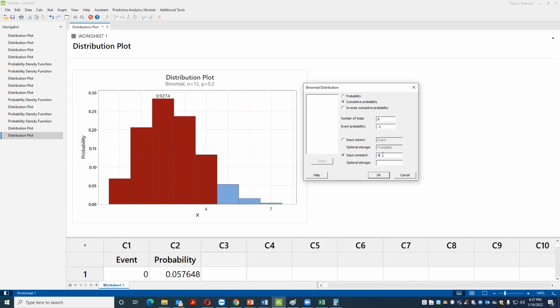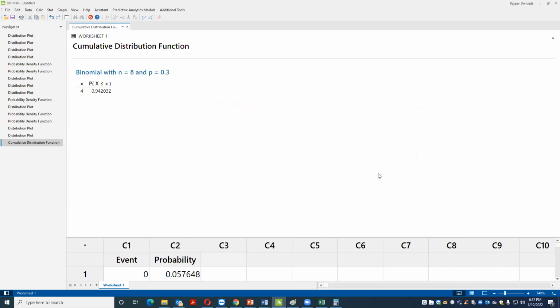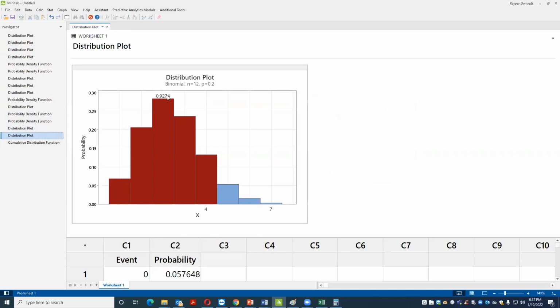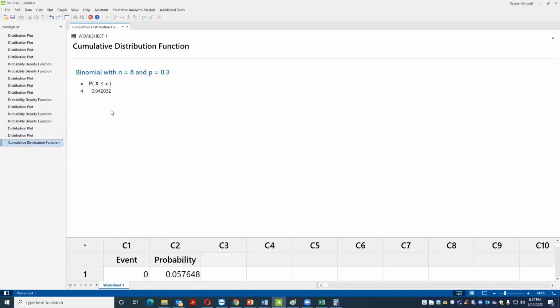Input constant, up to 4, because I'm asking less than 5. Here you can see it's 94, oh, this is 92. Here is a different number. Why? I think the p value was 20%. We are using different numbers. Sorry.